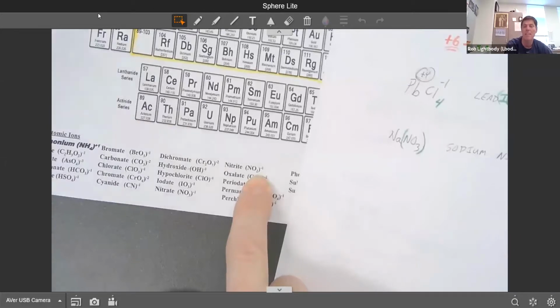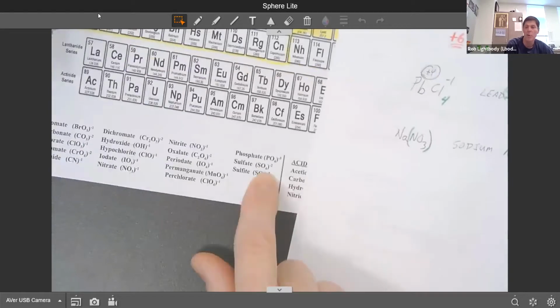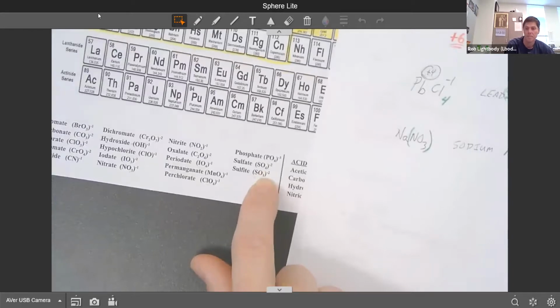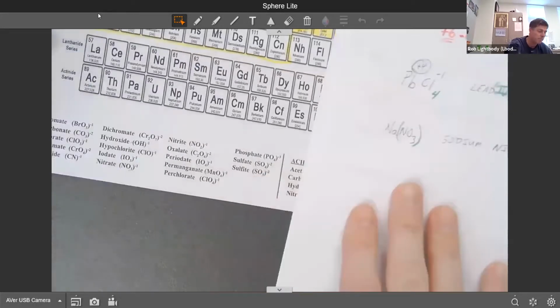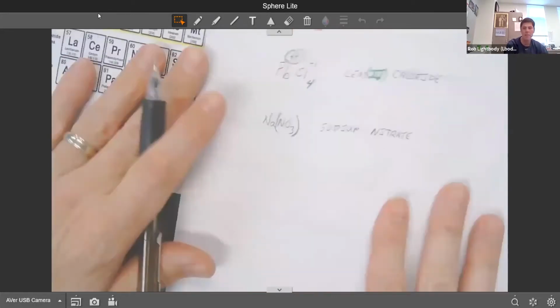That's why it picks up the ITE ending. You have sulfate, SO4. Well, sulfite is SO3. We took away an oxygen. You can have phosphate, phosphite. And we'll get into that part of the naming stuff later. There's also hypo that we can throw in. Okay, so we're okay on this piece?